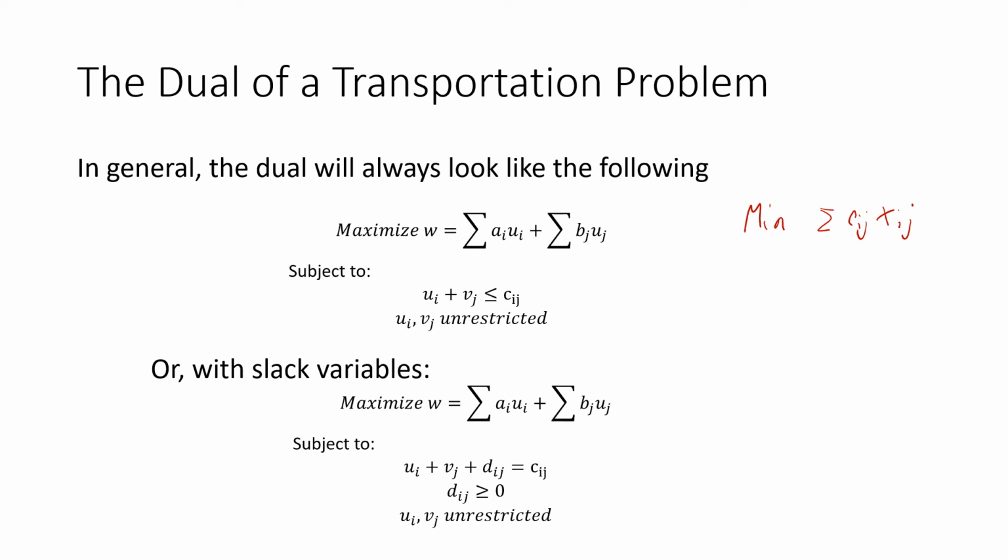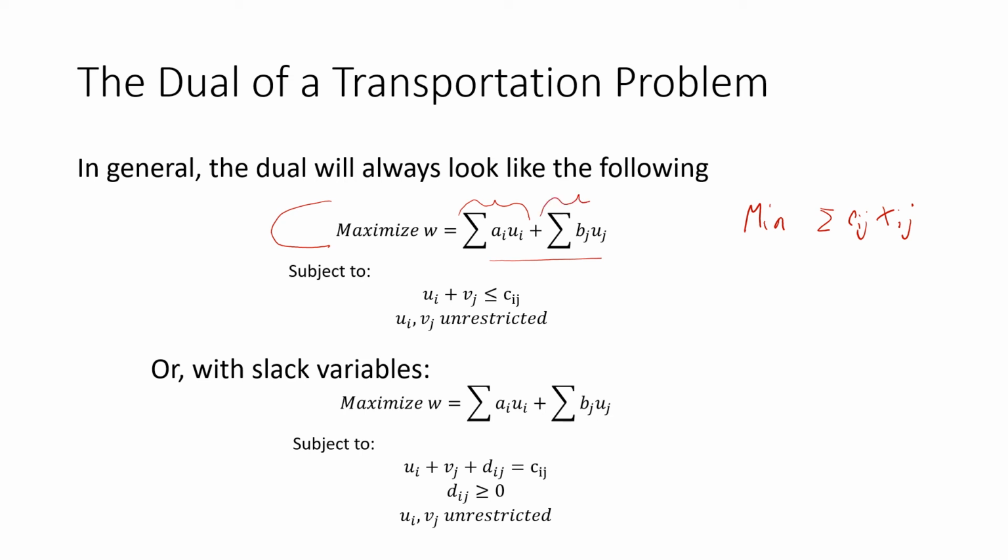When you take that and look at the dual of it, and go back and look at the original problem to see exactly how this is working, the dual is going to be: maximize this sum. And what is this sum? These numbers come from our supplier constraints.